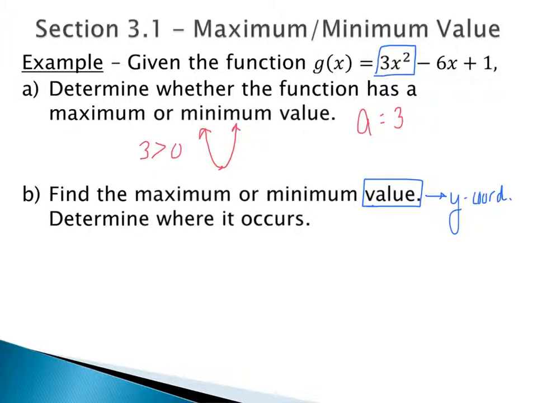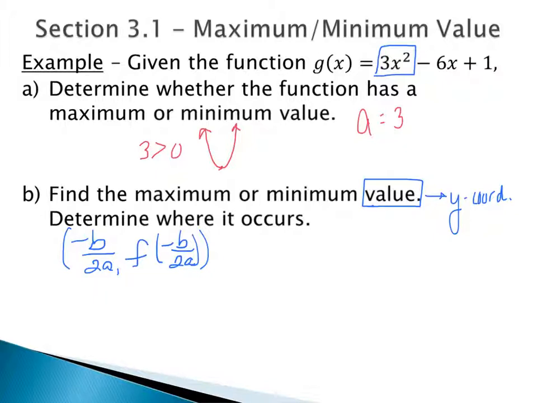So in order to find this value, we need to find that vertex and use our vertex formula. Remember that vertex formula is negative b over 2a, comma, f of negative b over 2a. So when we're talking about the value, we're really talking about that f of negative b over 2a. But in order to find that, we need to find the x-coordinate first.